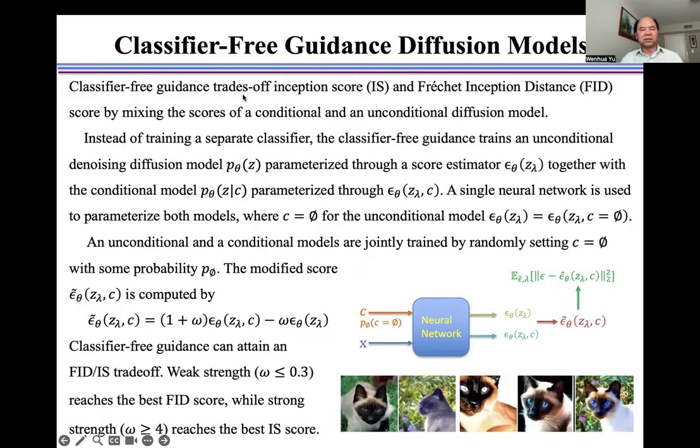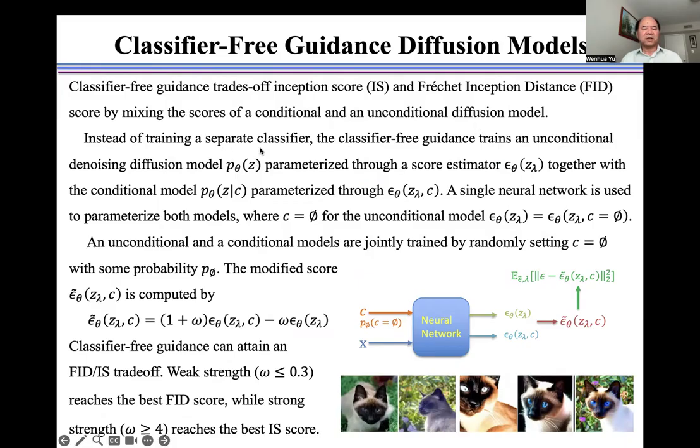Classifier-free guidance trades off inception score and Fréchet inception distance score by mixing the scores of a conditional and unconditional diffusion model.